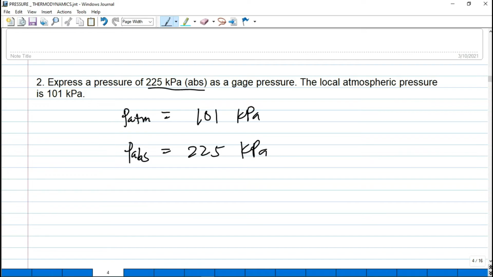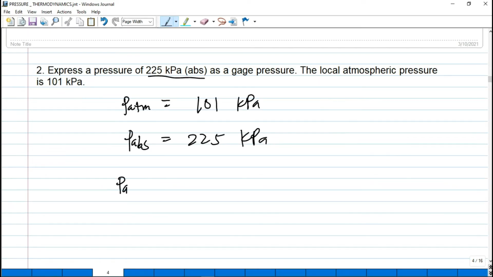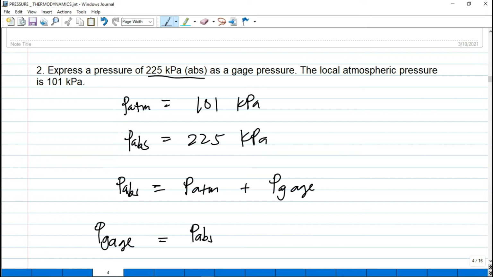So what is the gauge pressure? So absolute pressure is equal to atmospheric pressure plus gauge pressure. So gauge pressure is equal to absolute pressure minus atmospheric pressure.